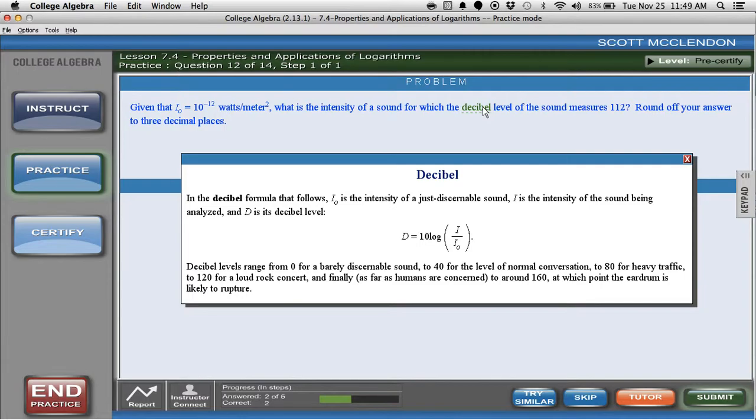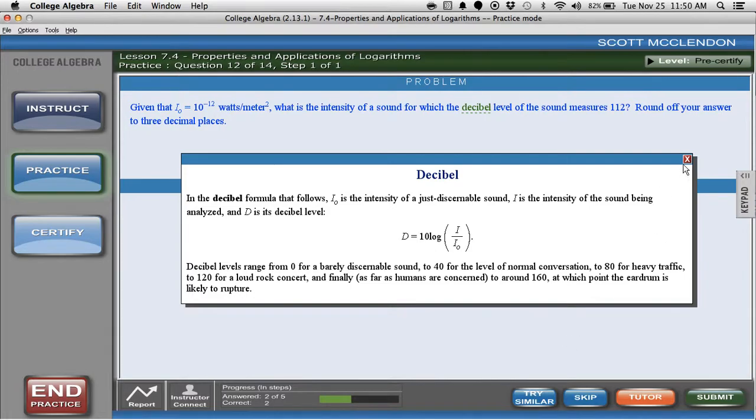Now the I sub 0 there is the intensity of just discernible sound. They're going to give you that value. That's 10 to the negative 12 power. I is the intensity of the sound being analyzed. So this is what you can measure. And then D is the decibel. So just for reference, 40 decibels, normal conversation. 80 decibels, heavy traffic. 120 is a loud rock concert, and 160 is going to make your ears bleed.